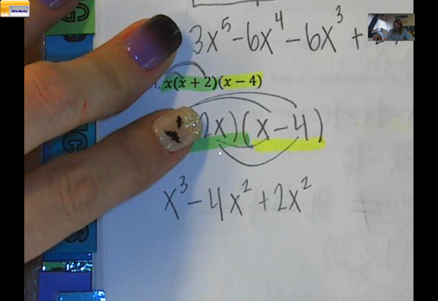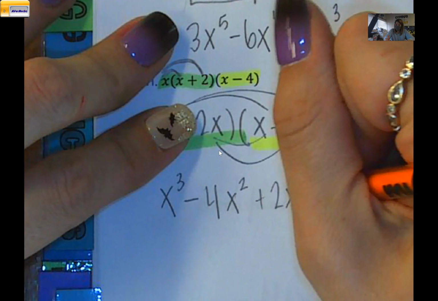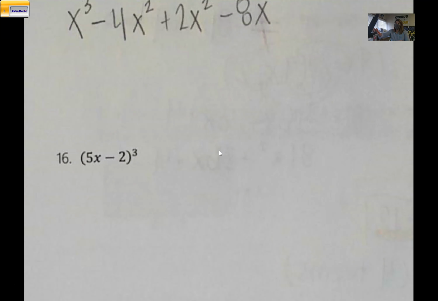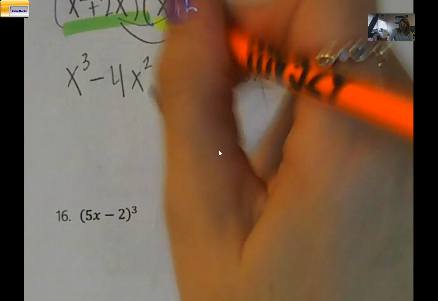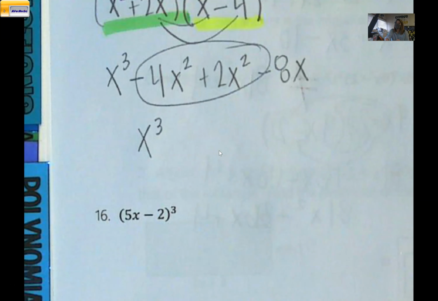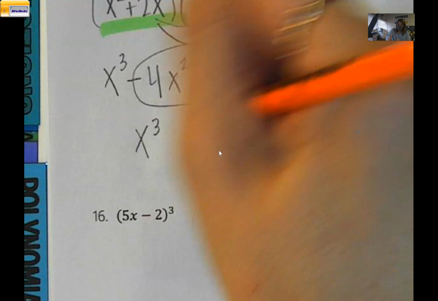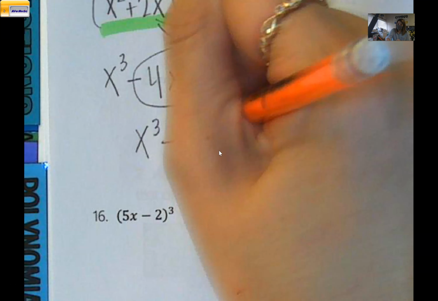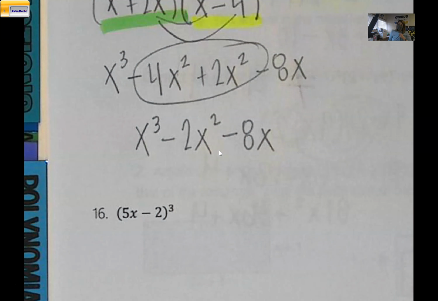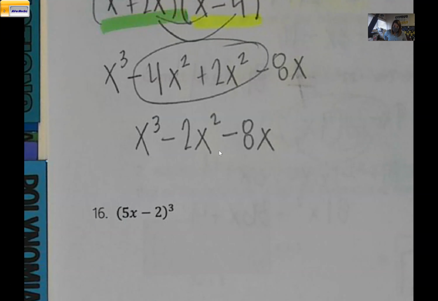And then 2x multiplied by negative 4 is negative 8x. You can combine these 2 middle terms. So we end up with x cubed minus 2x squared minus 8x. So that one's not too bad. Would you guys agree? Next one's going to get crazy.